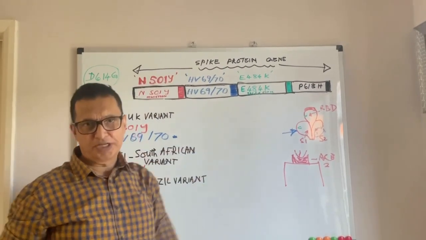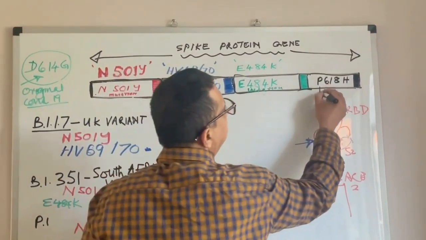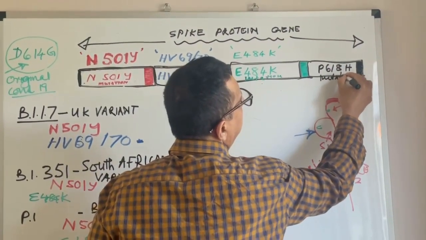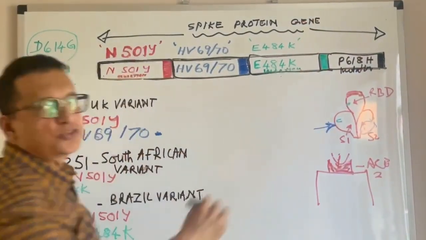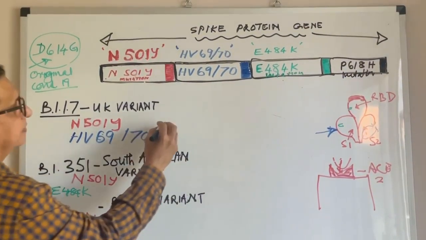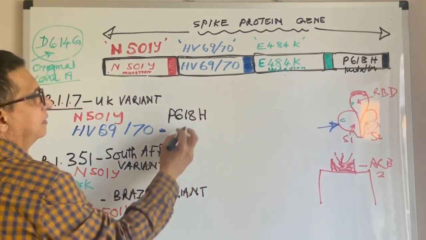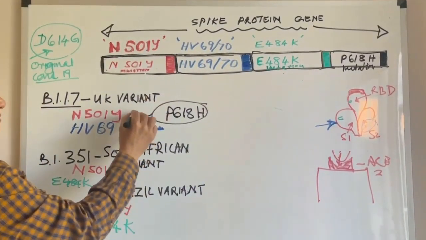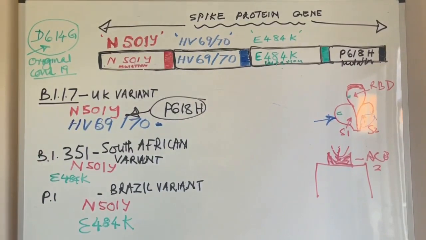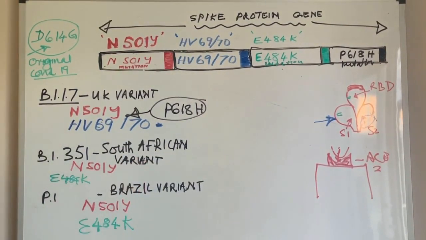P618H mutation. This is found in the UK variant, not in these two variants.